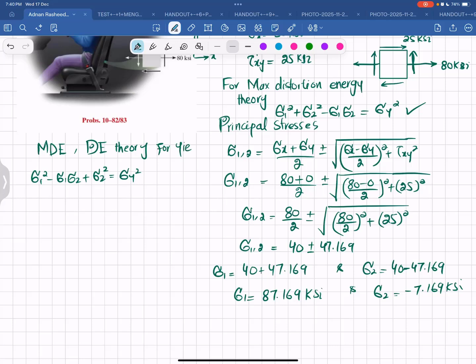If you do not want yielding, this should be less than sigma yield squared. Here we are finding the minimum yield stress, so we will take it as equal. Now put the values: 87.169 squared minus 87.169 multiplied by minus 7.169, plus minus 7.169 whole squared is sigma yield squared.